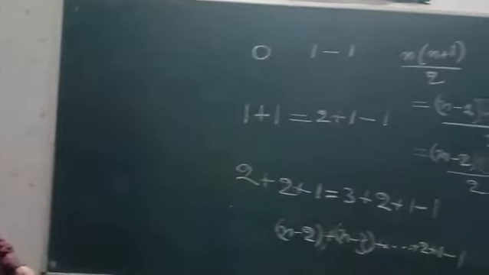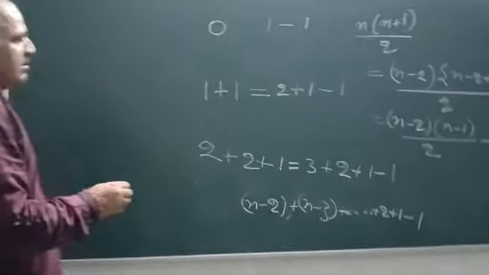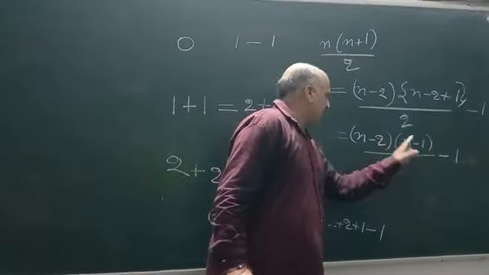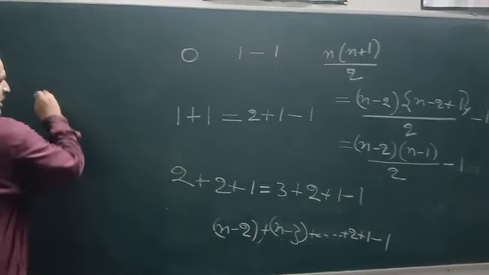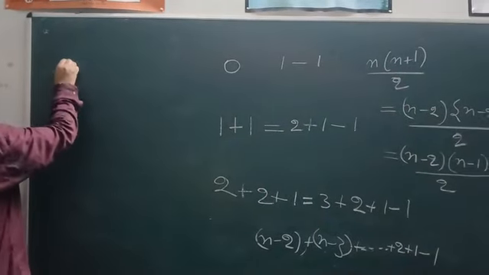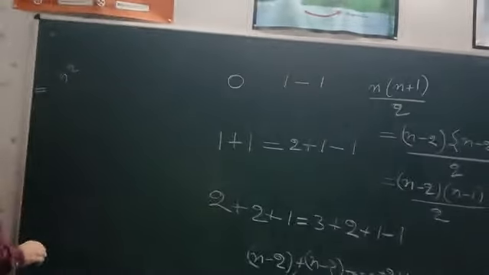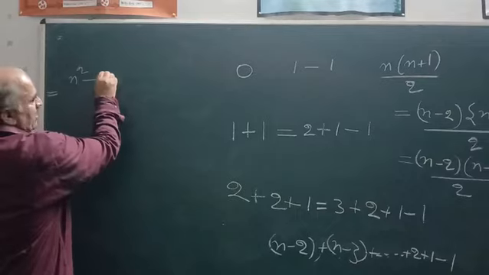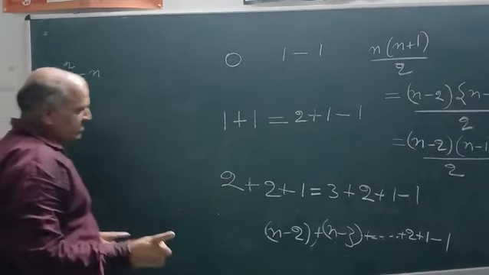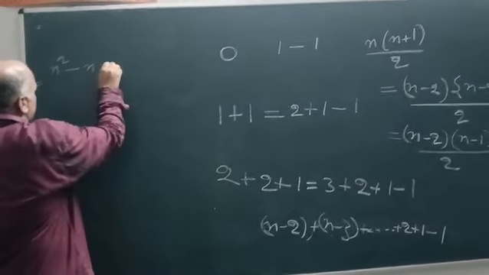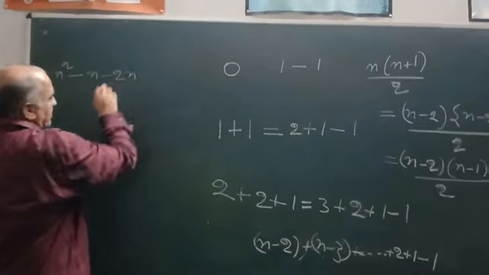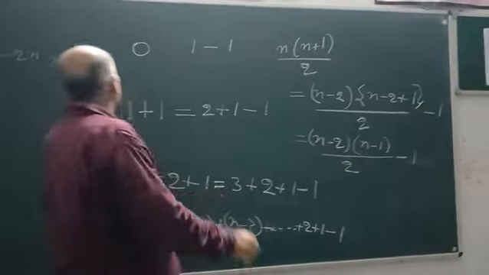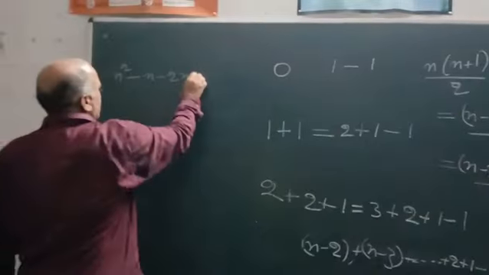Now multiply this factor by this. n multiplied by n is n square. n into minus 1 is minus n. Minus 2 multiplied by n is minus 2n. Minus 2 multiplied by minus 1 is plus 2.